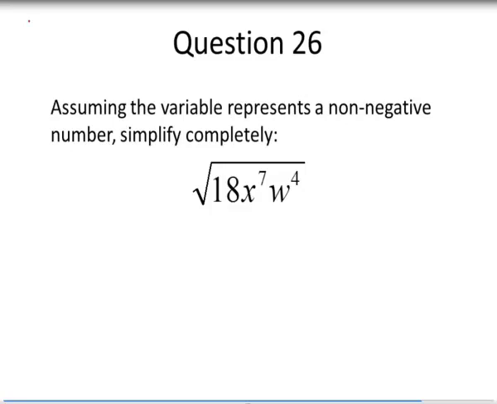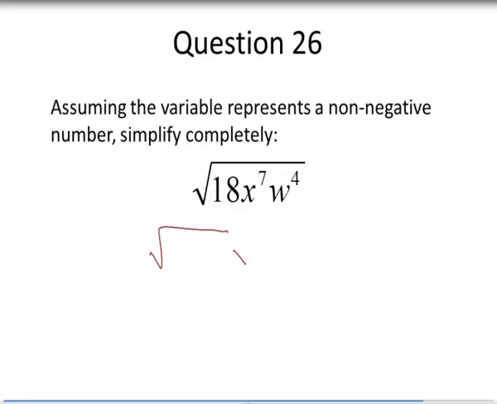Some square roots. How do we feel about square roots? These are square roots. Rational are these ones. Radicals, yes. Square roots are radicals. So let's do it really quick.